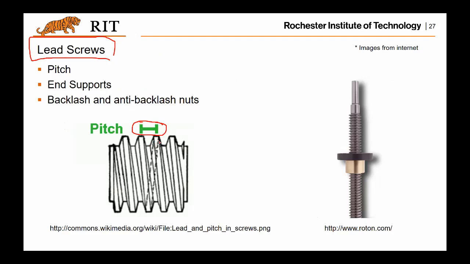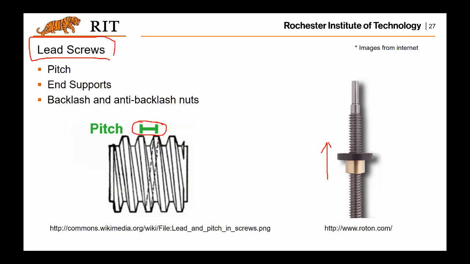That gives you the idea of how much distance it travels along this axis. If you revolve this screw for one turn, the pitch will be the distance this travels.